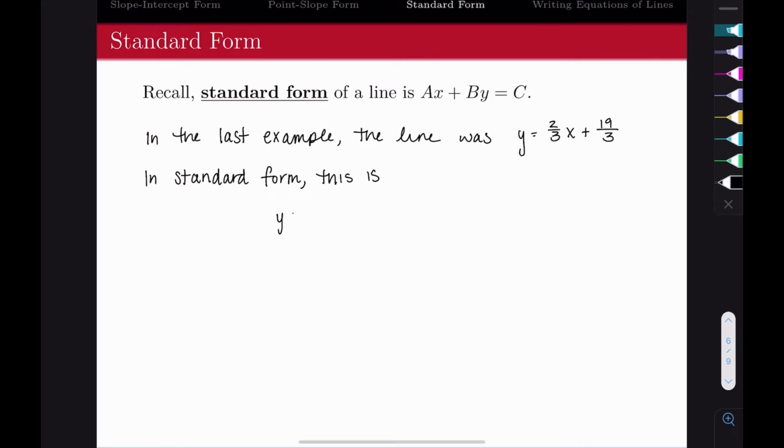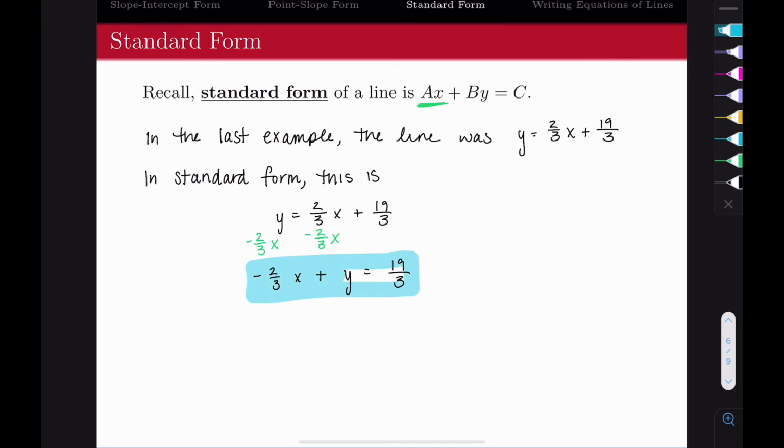We want to get the constant by itself in this case. So what I need to do is I need to subtract the 2/3 x. And we want the x value to come first. So this is really negative 2/3 x plus y equals 19/3. So this is one version of standard form.